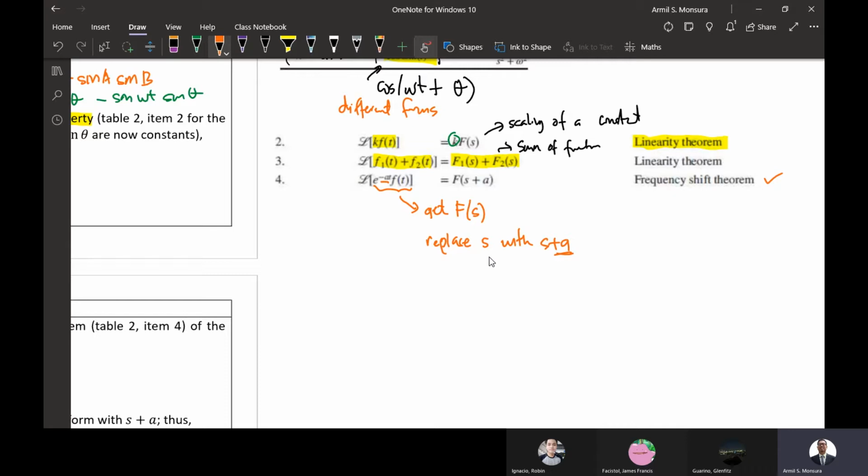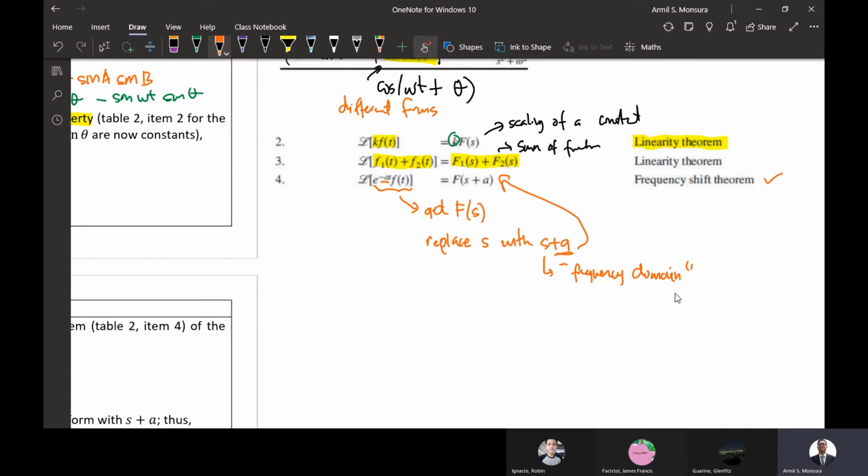So ngayon, pag napalitan nyo na yung s with s plus a, ito na yon, yung f of s plus a. And again, ibig sabihin kasi nun, kaya siya naging frequency shift because s is actually a variable in what we call the frequency domain. Although this is not exactly the frequency domain, technically it is.